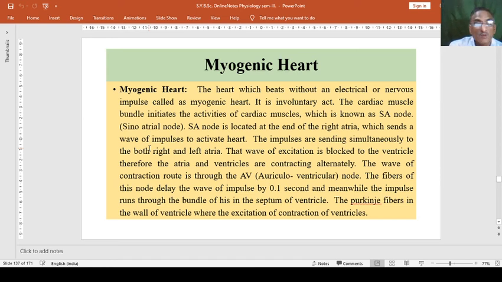The wave of contraction and the wave of relaxation are alternate activities, both beginning from the auriculoventricular node, or AV node, and the SA node, sinoauricular node. This is the very first involuntary act carried out in the heart.